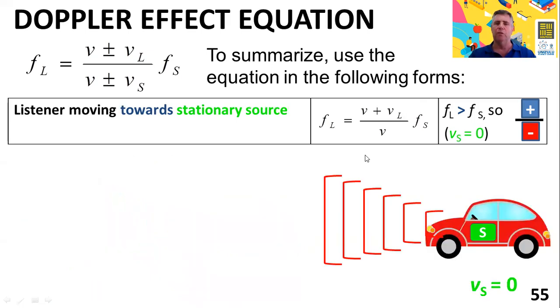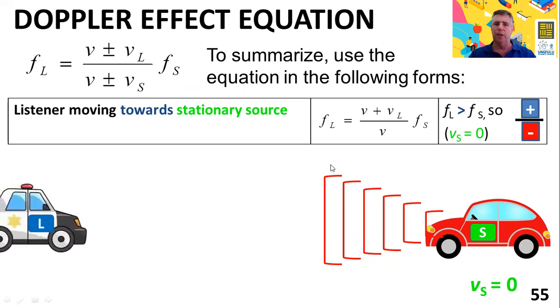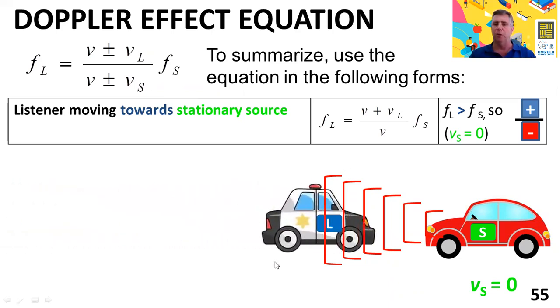Let's look at the second example. In this case, the listener is moving towards a stationary source. So the source, the car with the alarm making a noise, is stationary, it's parked. The Vs equals 0, and it disappears from the bottom of the equation. In this case, the listener, the police car, is moving towards, but once again, because of that, the police car will now have its own velocity, so VL is non-zero, and often you'll be asked to calculate that.